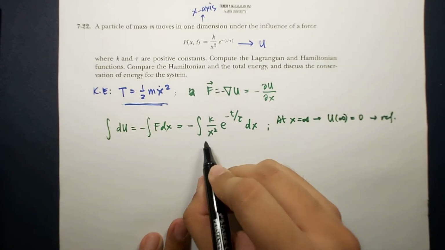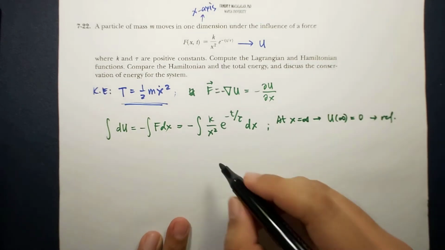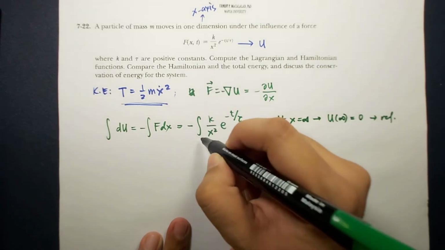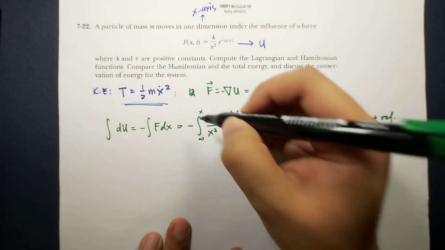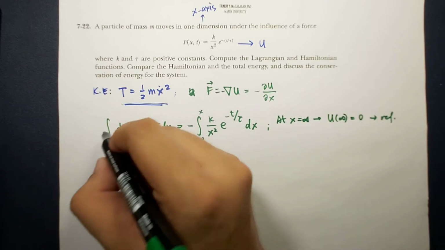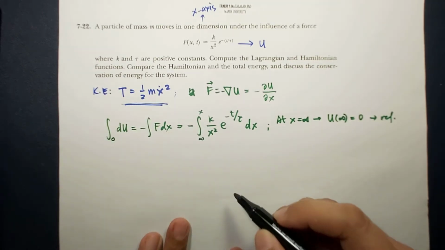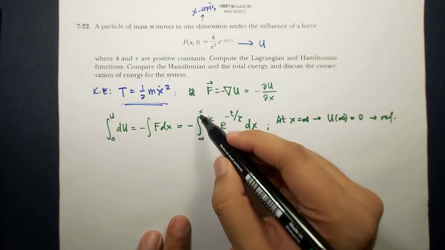This enables us to set the integral from infinity to x, where at infinity the potential energy is zero, and then we can compute the potential energy at x.